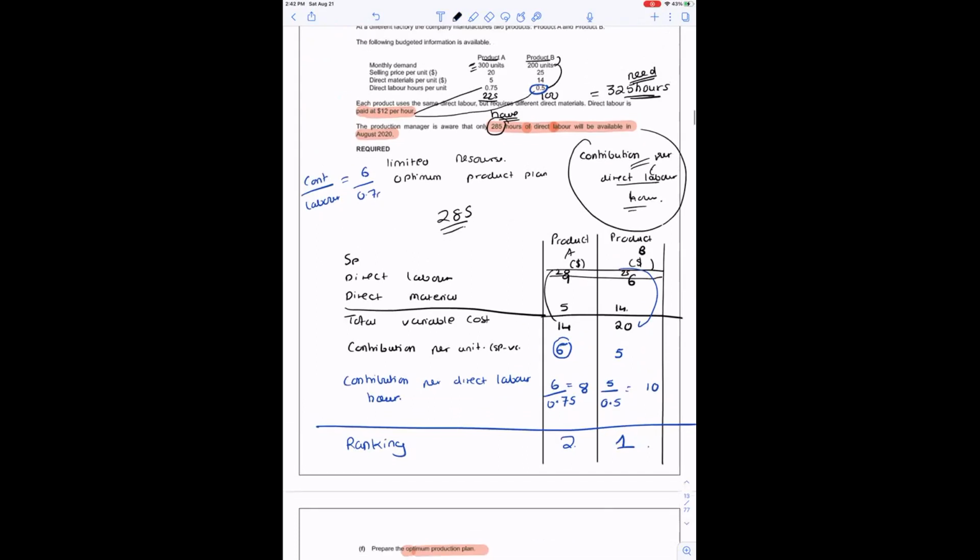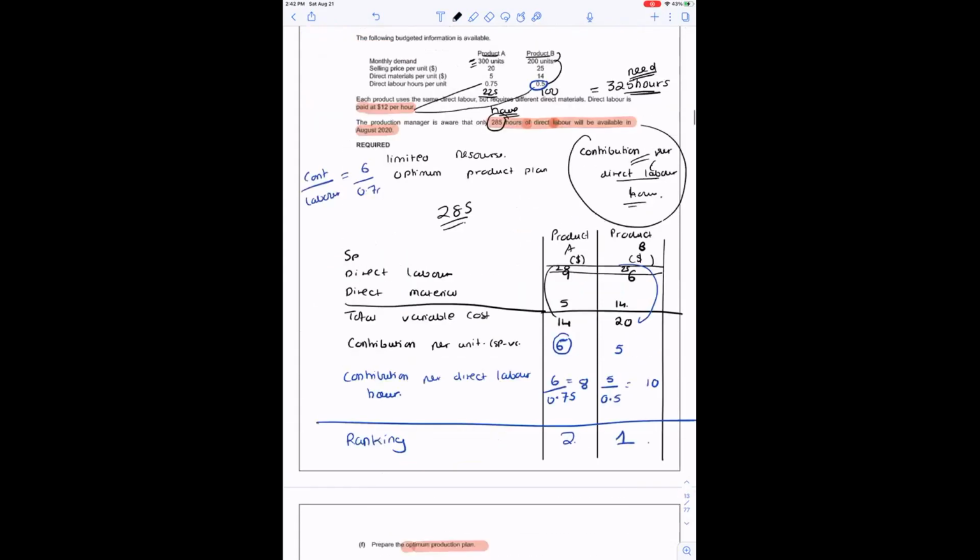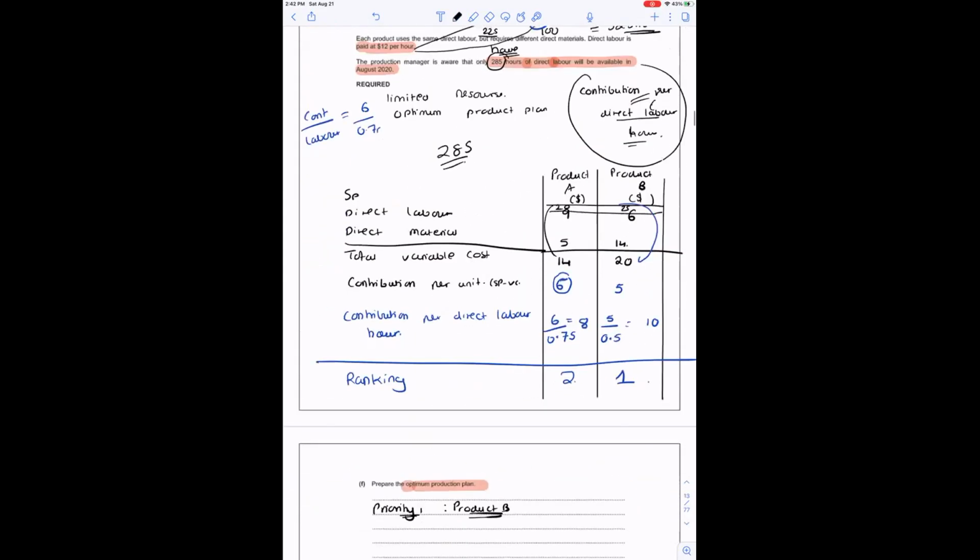Priority 1, I will produce product B. How many maximum units of product B can I make? 200 units of product B, taking 100 hours.